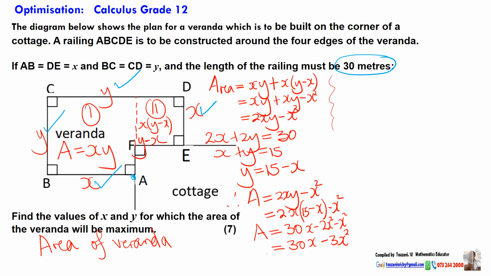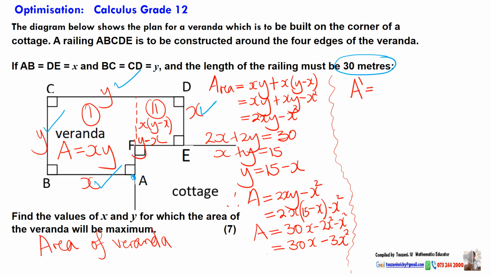You formulate an equation that represents the quantity that you want to maximize. When you get that equation, you differentiate it. So we have got our equation and we have made sure that it is one variable. The next thing to do is to differentiate the area expression.